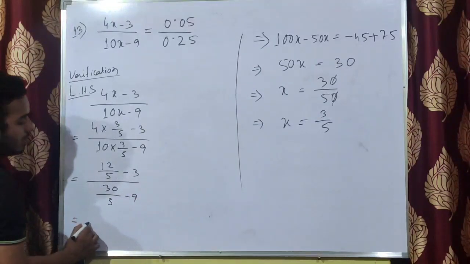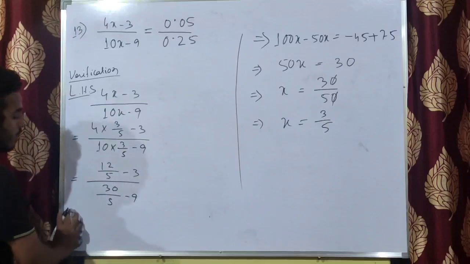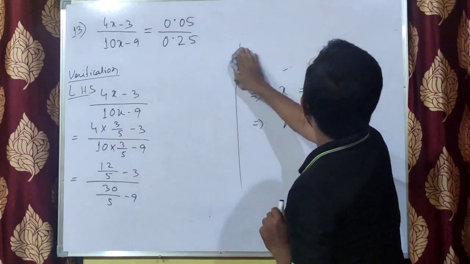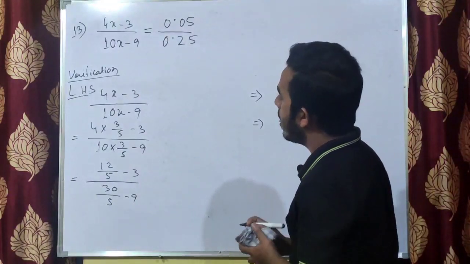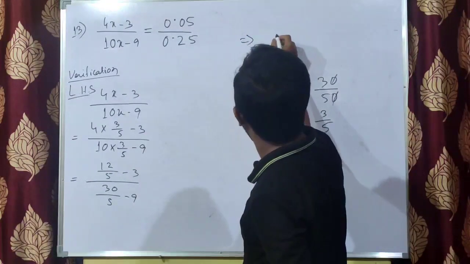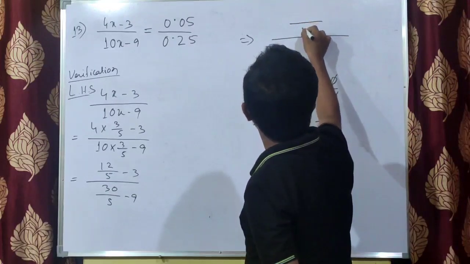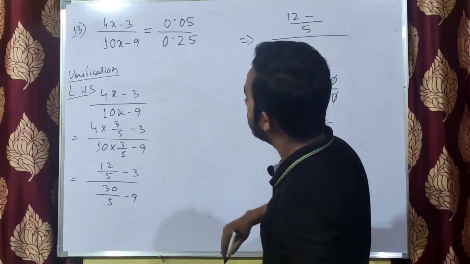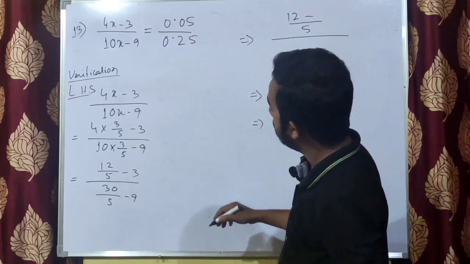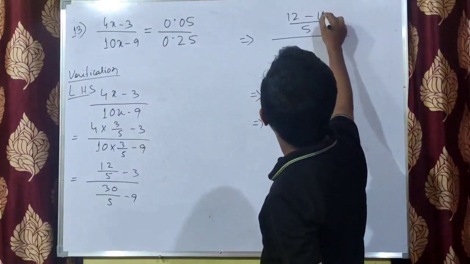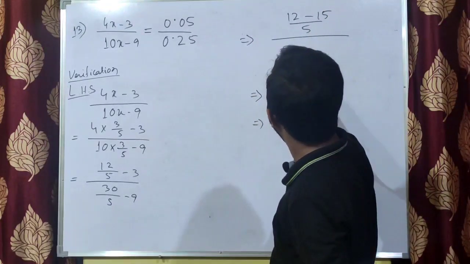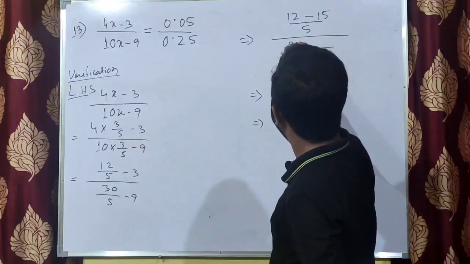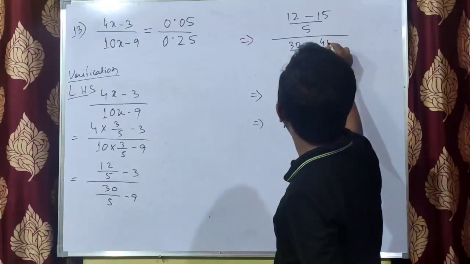Now if we take the LCM, what will be the LCM? It will be 5, right? So taking LCM 5, 12 minus 5 into 3, 15. Here also the LCM is 5, so 30 minus 45.